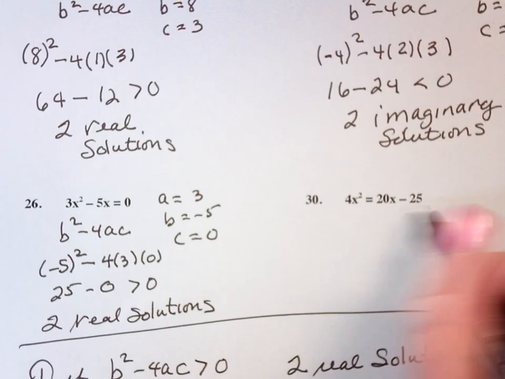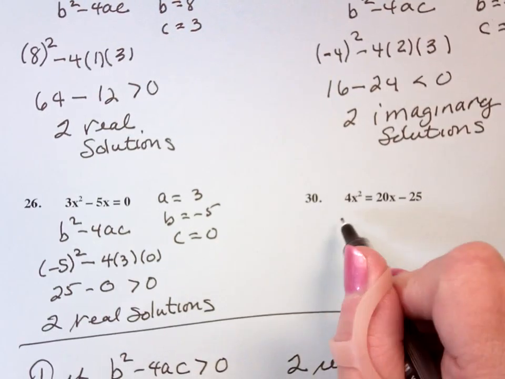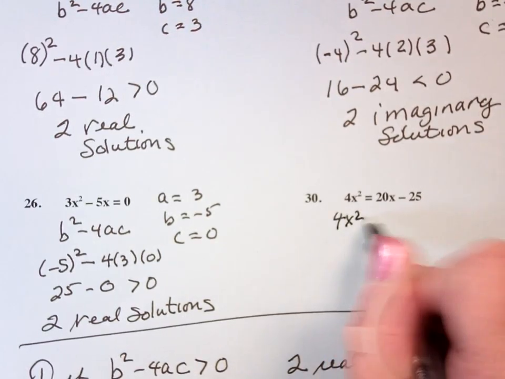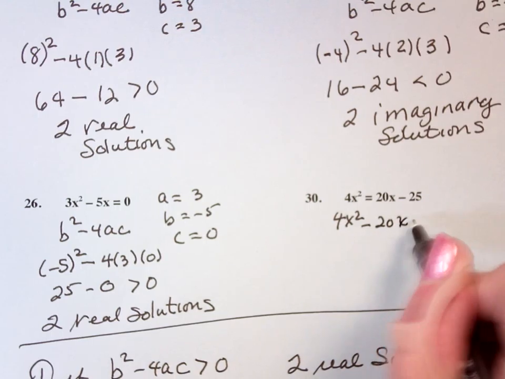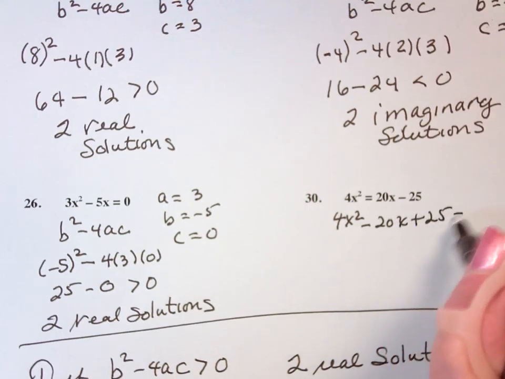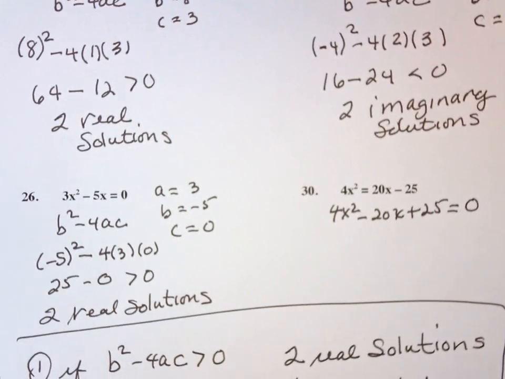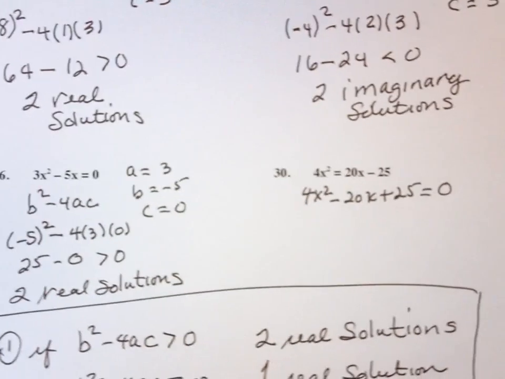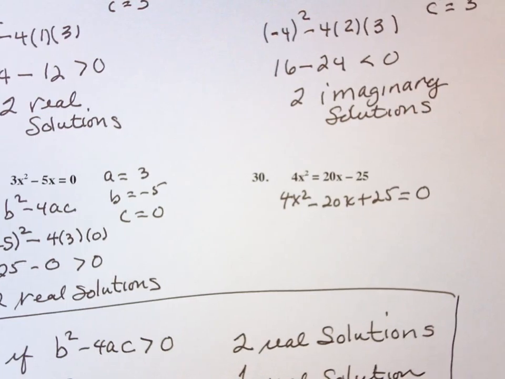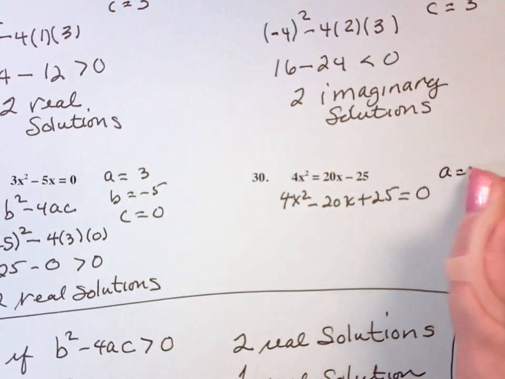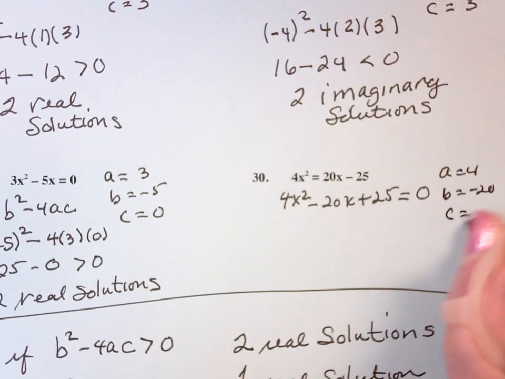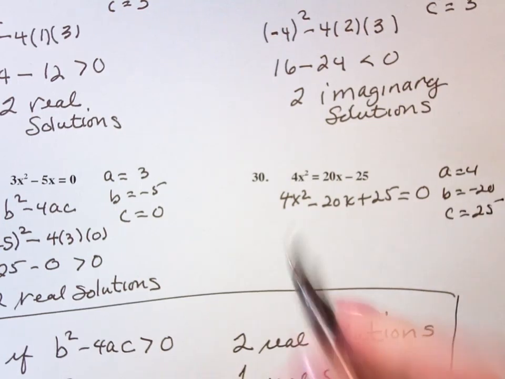Now this is not in standard form, so I have to rewrite this guy. This is 4x squared minus 20x plus 25 equals 0, because I can't write off what a, b, and c are. So a is 4, b is negative 20, c is 25.